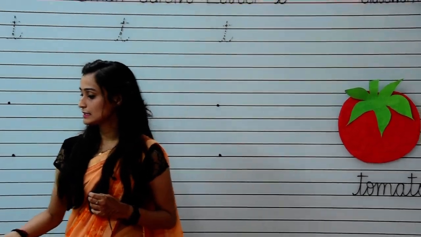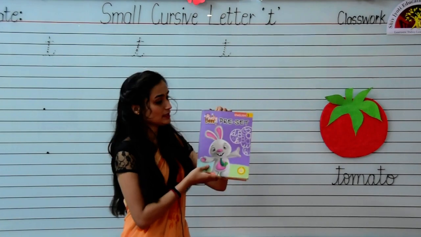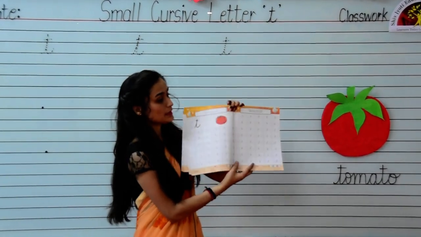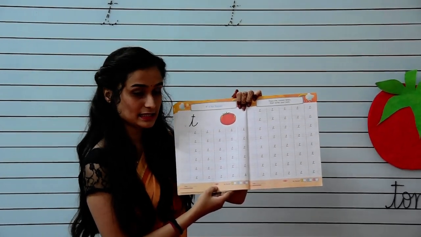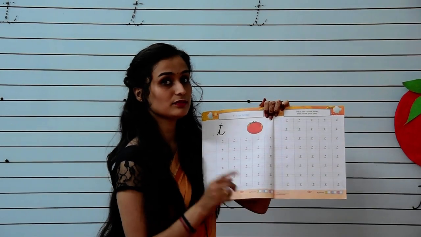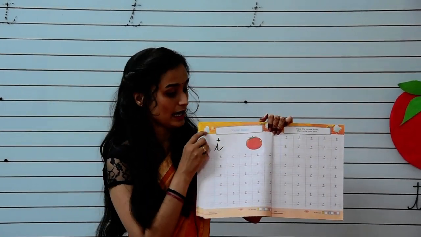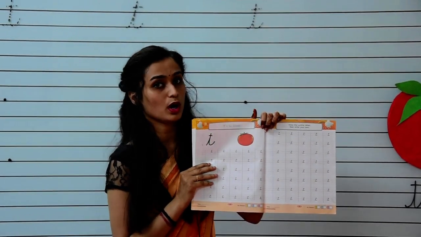Now we will see how to write small cursive letter T in our preset book. Open your preset book, take out page number 26 and 27, which we are going to do today. Sharpen your pencil, kids, and write the date and the classwork on the top.